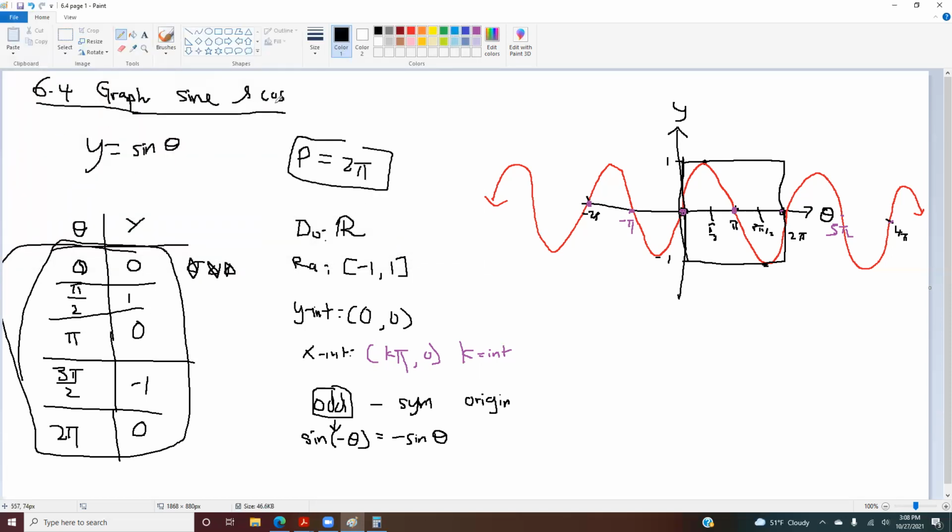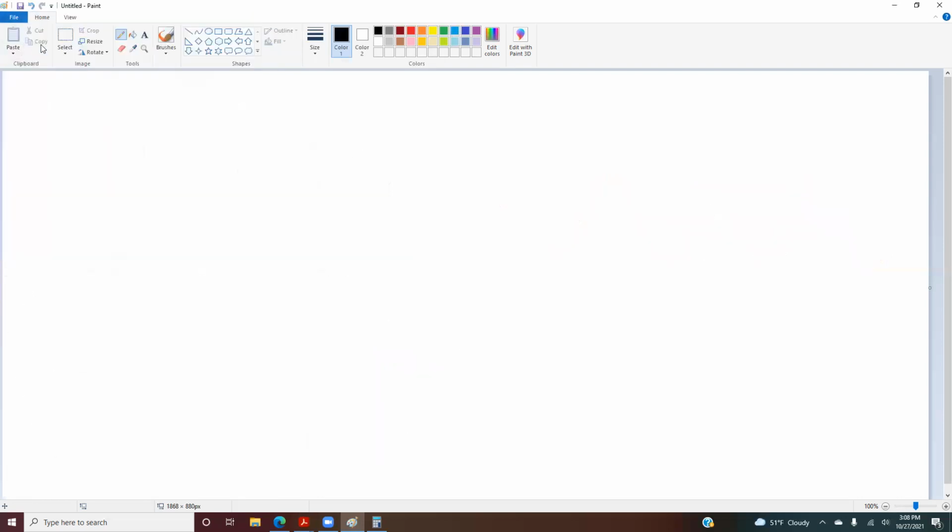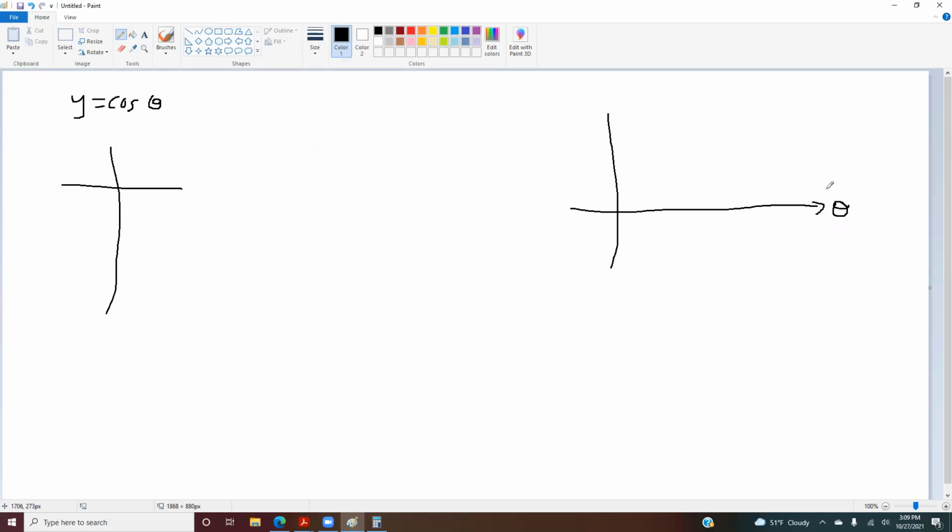All right, so now we're going to talk about the cosine wave. So we will do cosine theta. Again, theta is your x, and this is your y.